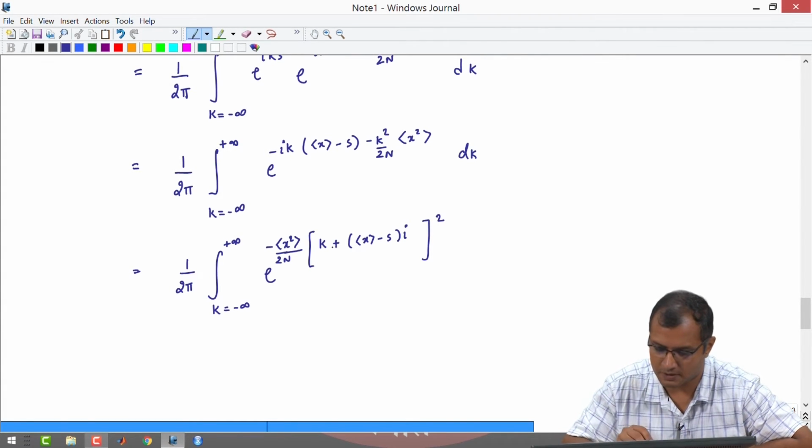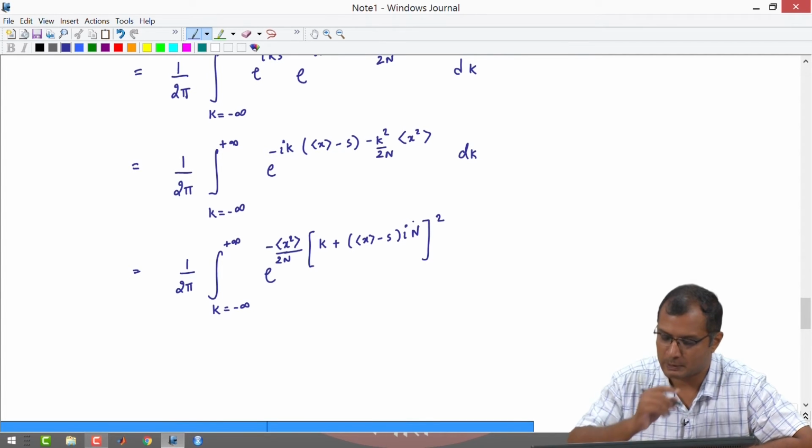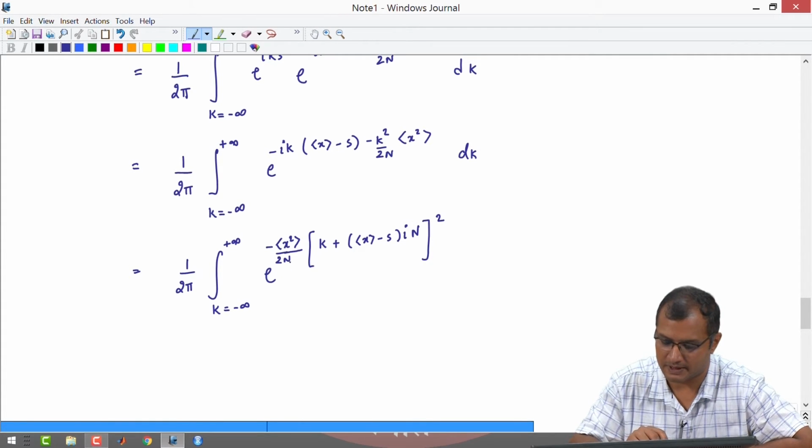So the k square term will give me a second term here, twice of i k with a minus sign becomes minus 2 i k, and I have a 2 here outside, so it gets cancelled off, but I need an n here because I had to cancel the n here.